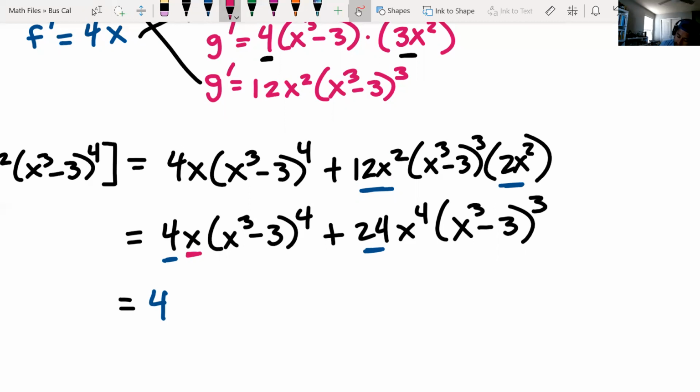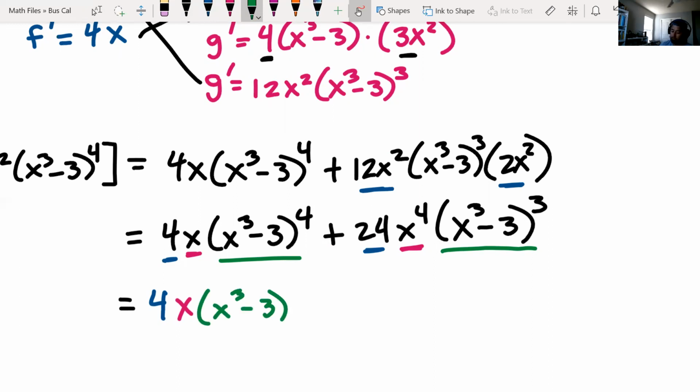And then I have an x and an x to the fourth. My greatest common factor here is just x. And then last, I have x cubed minus 3 to the fourth and x cubed minus 3 to the third. My greatest common factor there is x cubed minus 3 to the third.